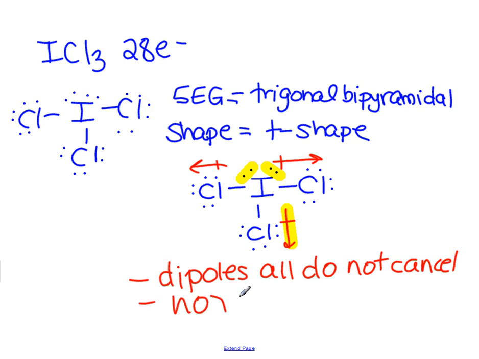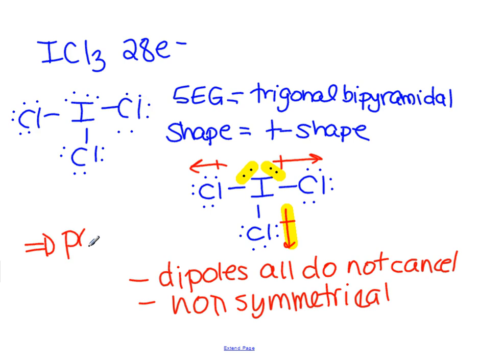It's non-symmetrical in its electron distribution. And because of those two things here, we have a polar molecule. So yes, all that work to figure out whether it's polar or not, but it combines a lot of concepts together. Let's take a look at a few more.